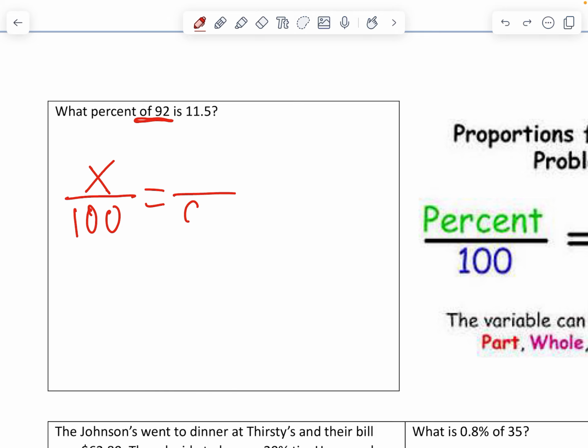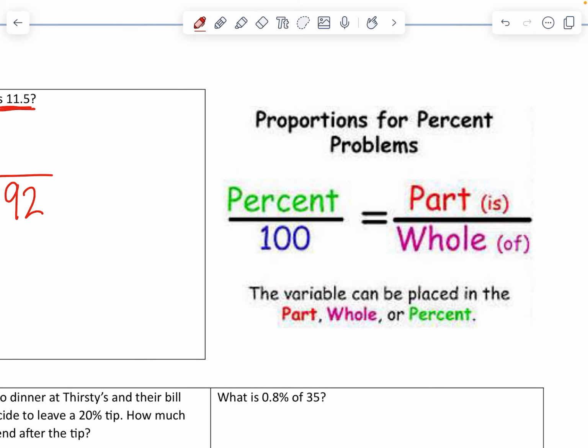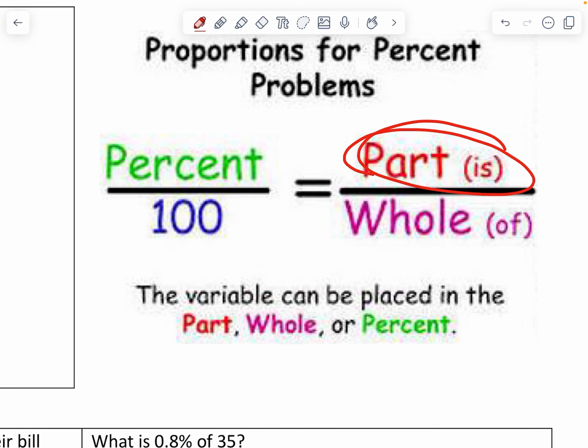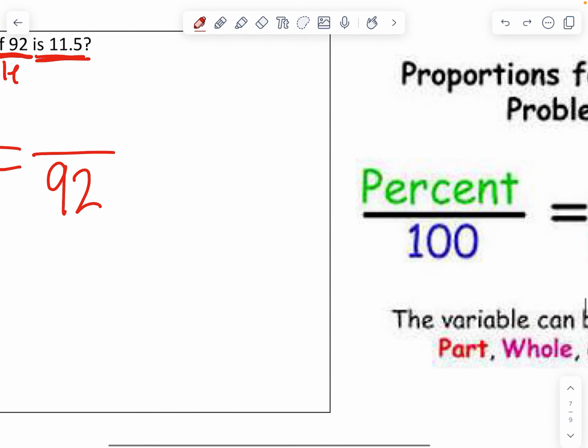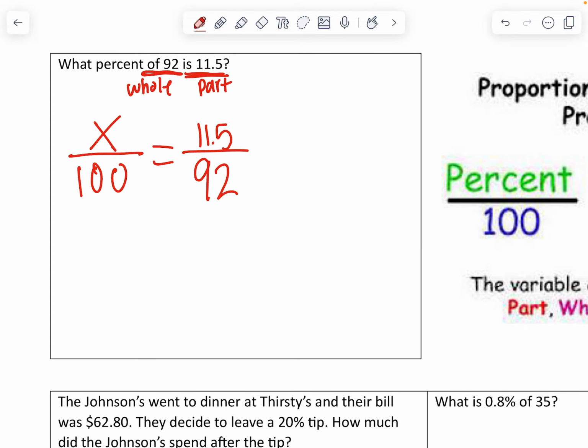So 92 is going to be the whole. And then it says is 11.5. Okay. I go over here. Is the part. So it's going to be the top right. So 11.5 is the part. So like I said, the most challenging part is figuring out where all the numbers go. And then once you have those down, you should be good to go.